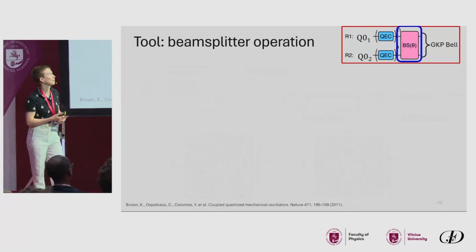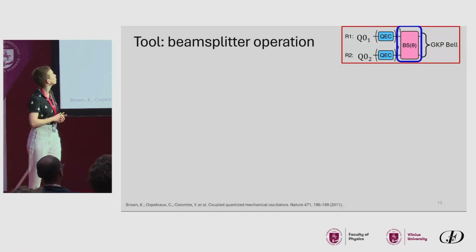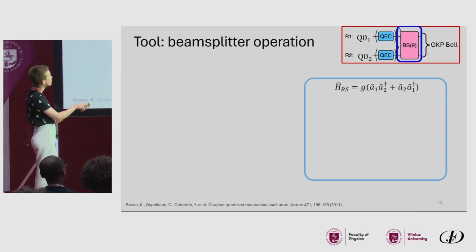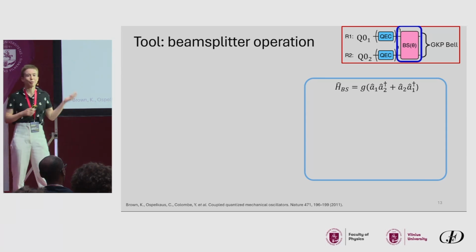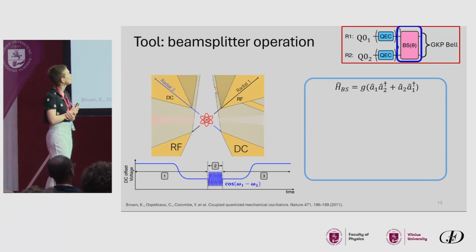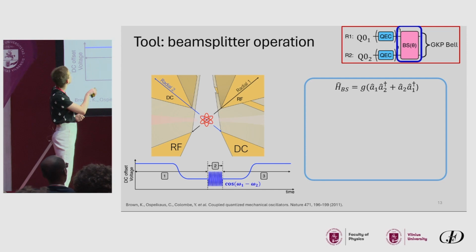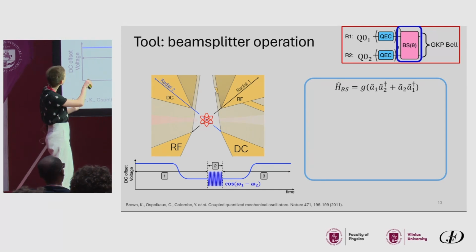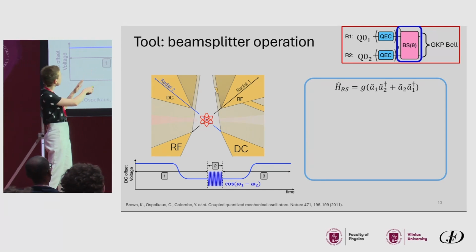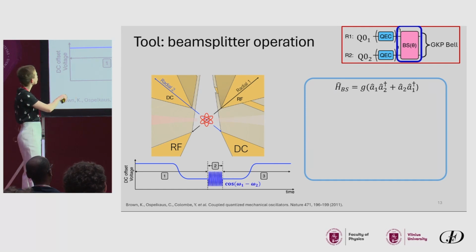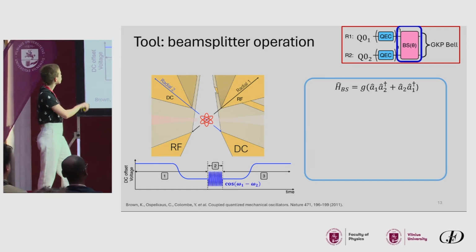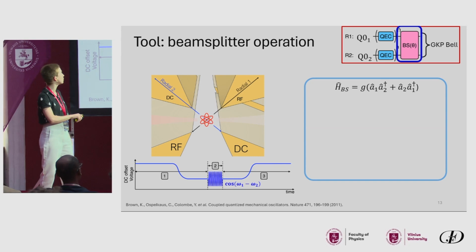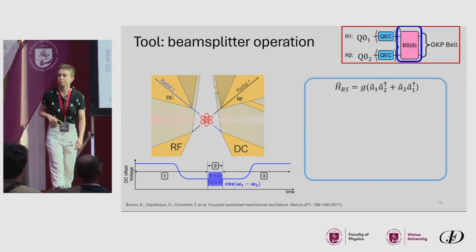But how can we make a beam splitter with a trapped ion? So this is the usual Hamiltonian of a beam splitter, like you have it in optics. And in trapped ions, we have those 2 modes, and then we can rotate them by modulating the voltage that we apply to our trap at the difference of the frequency of those 2 modes.